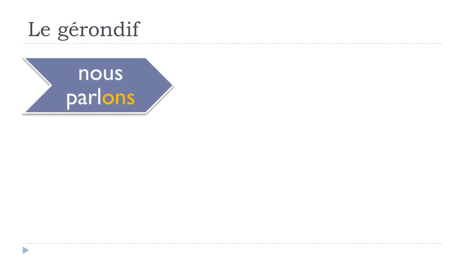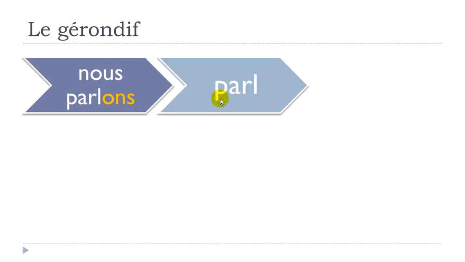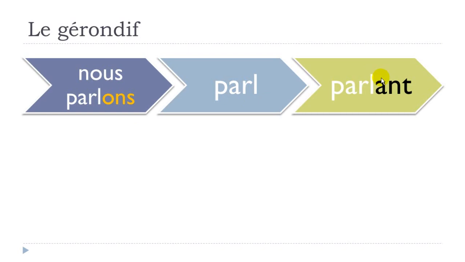Normally you will have to master the present tense, and if we take the example of parler, parler is to speak or to talk, we'll get nous parlons at the present tense, so the form should be at the nous person, and so you will actually spot here the ending ons, and the idea is to take it away, so you get parl, and after that you will add ant, and you will get parlant. Okay, this will be this participe présent form that you will have to add after your preposition en.